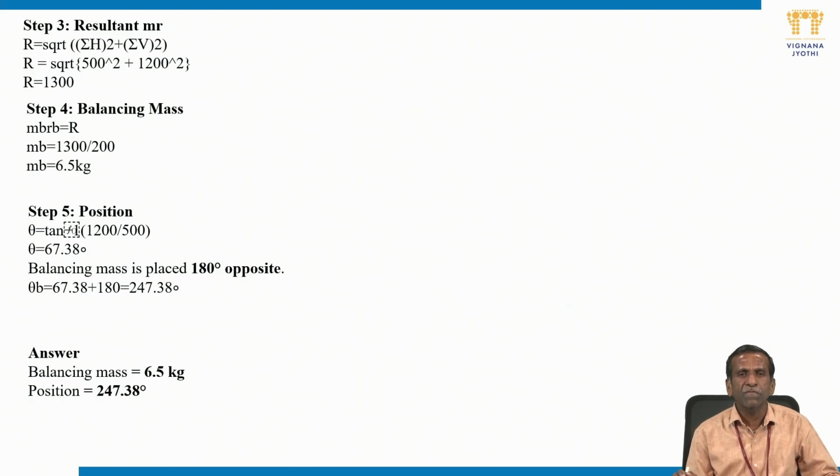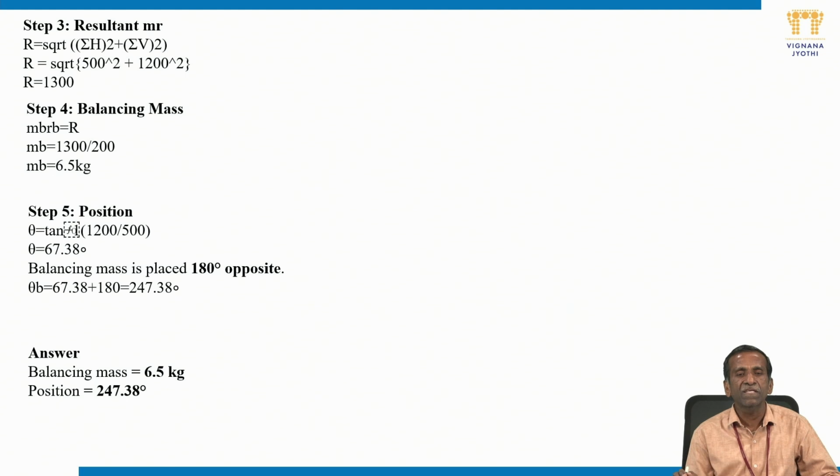That resultant, in newton meters actually, must be equal to the balancing mass MB put at radius RB. So MB can be found because RB is given as 200 mm. We can find the orientation of this balancing mass using the analytical approach.